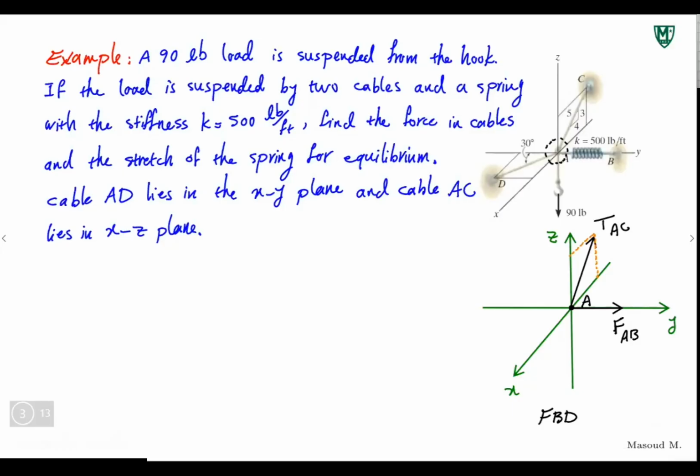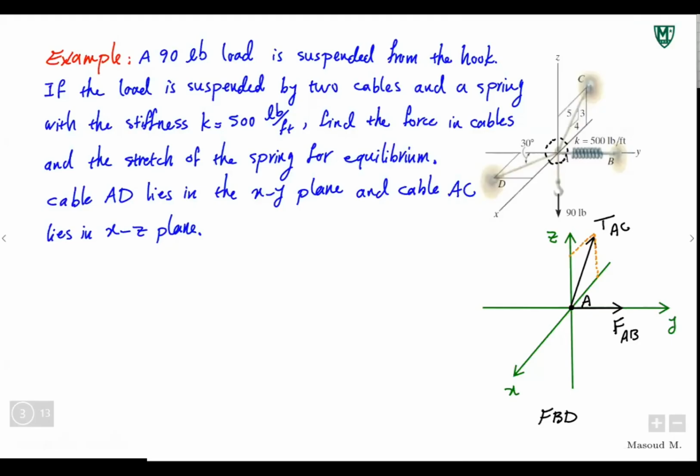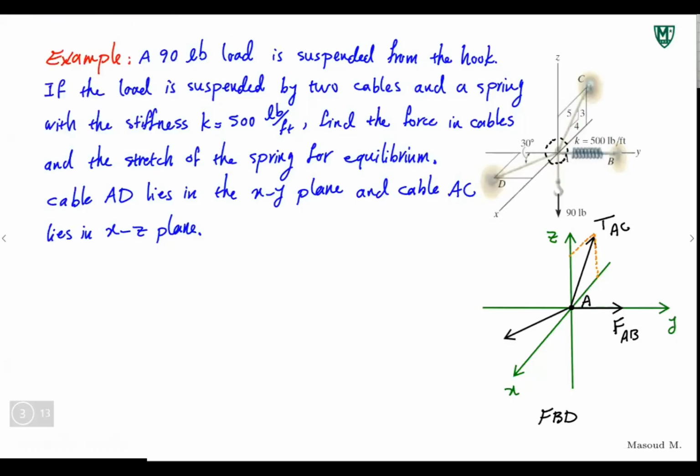Okay, so TAC is in the XZ plane. What else? I have another cable, right? Obviously AD, so that is also a tension force there. I'll call it TAD, sorry, AC was the other one.